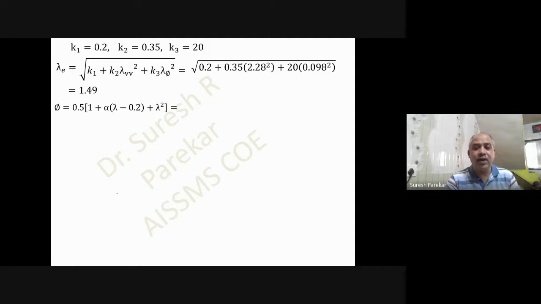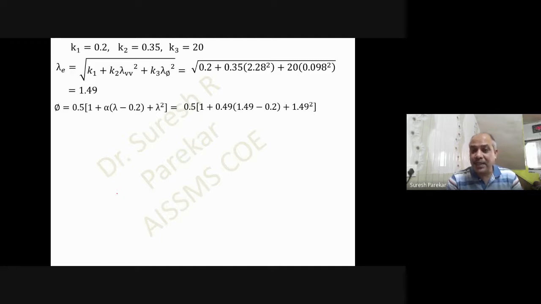Now alpha is the imperfection factor, and as I have an angle section, if we go to table 10, in that table they have given the buckling class, and for angle section we have class C. For class C we have this value as 0.49, which is given in table number 7.